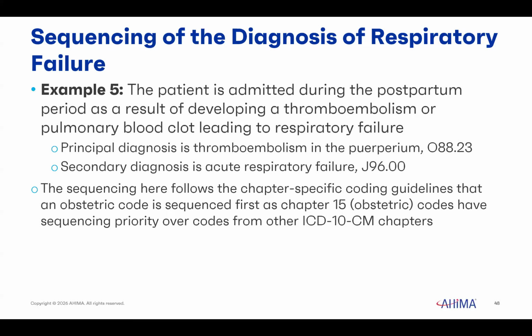The secondary diagnosis would be J96.00. And again, the reason we do this is that there are chapter-specific guidelines that require an OB code to be sequenced first, as the Chapter 15 OB codes that we'll be visiting in a few weeks have sequencing priority over other codes.